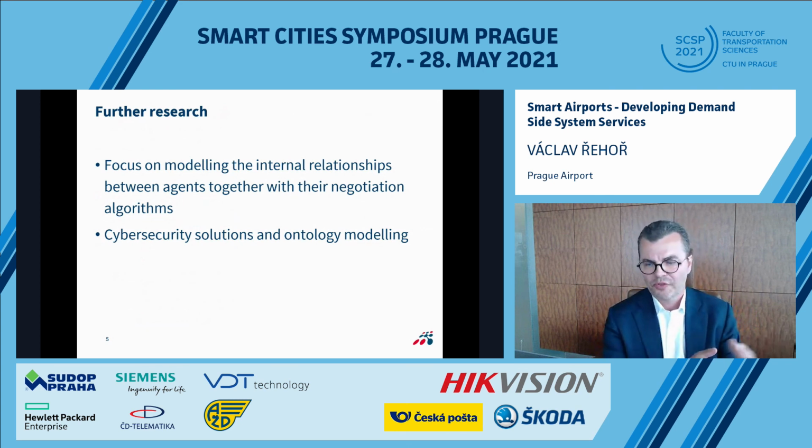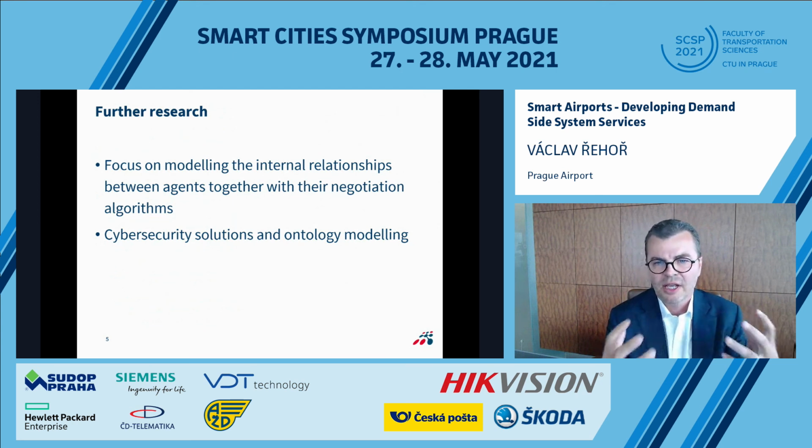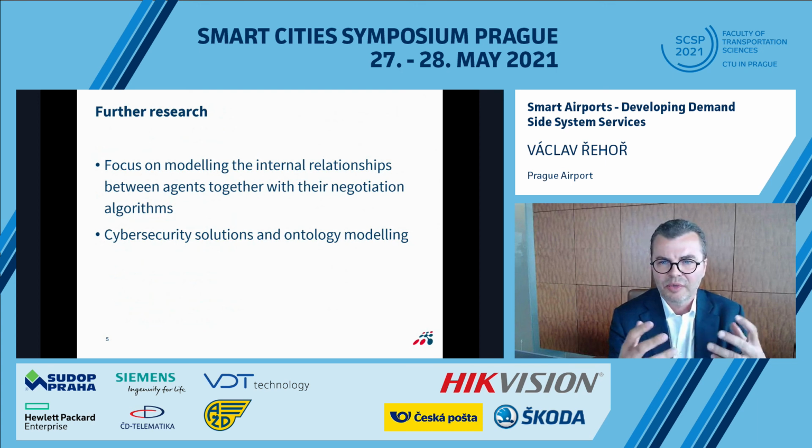How can we continue working on this in the future? First of all, we have to finish the digital twin, which is almost done. Then Evropská Street has to be digitalized and a new digital twin created, so that we can link all those systems together. We will develop those agents, and we will model different kinds of situations.